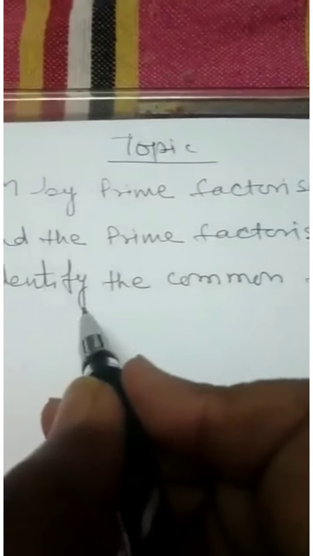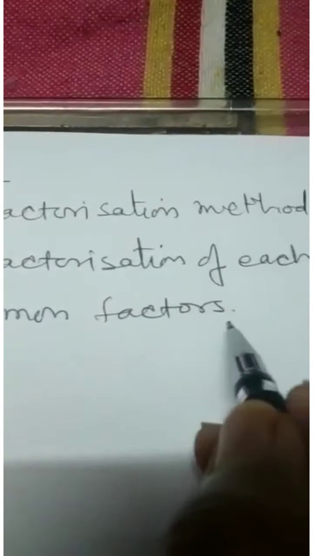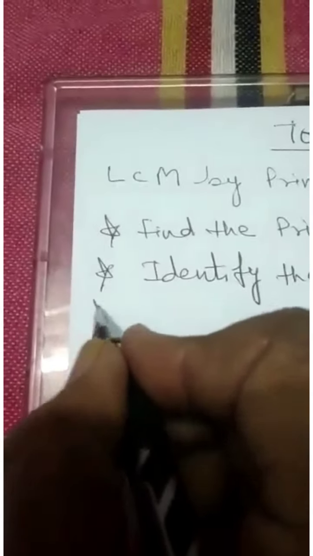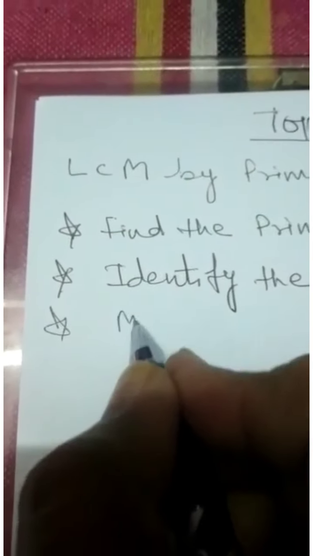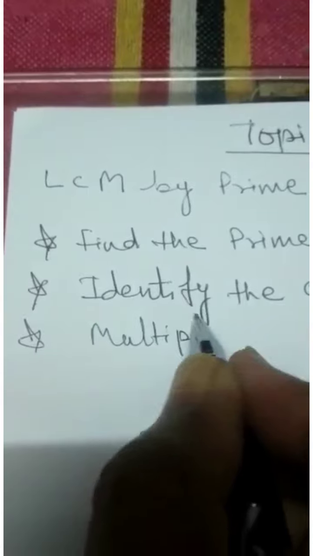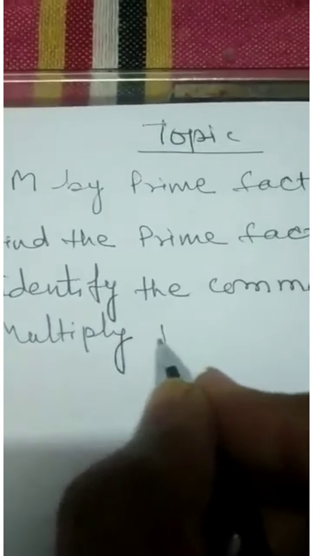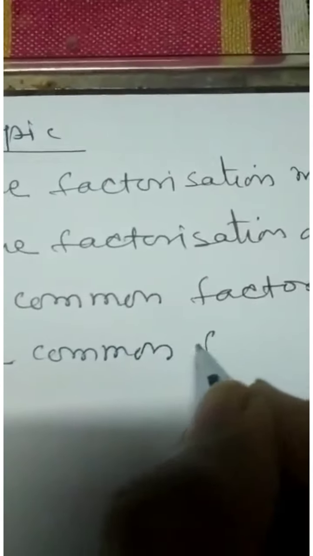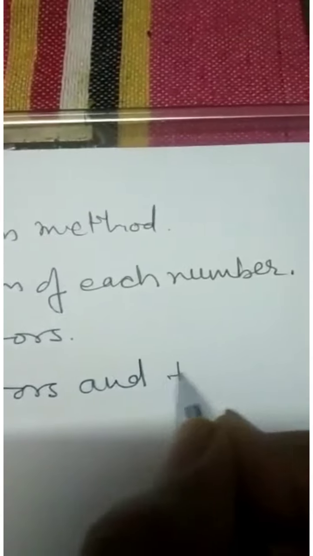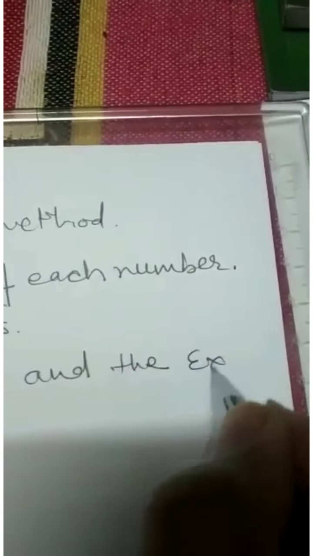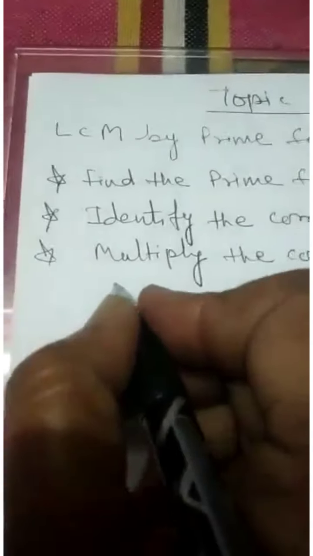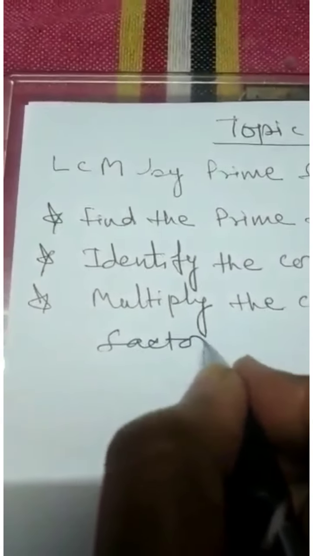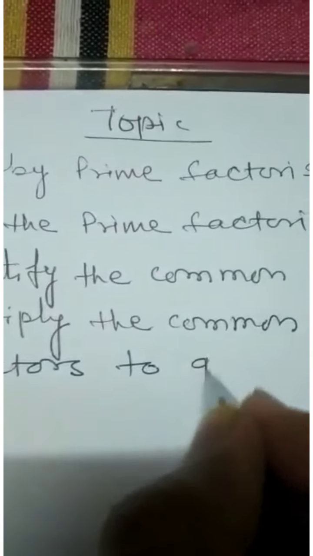After getting the prime factorization of each number, we identify the common factors and at last multiply the common factors and the extra factors to get LCM.